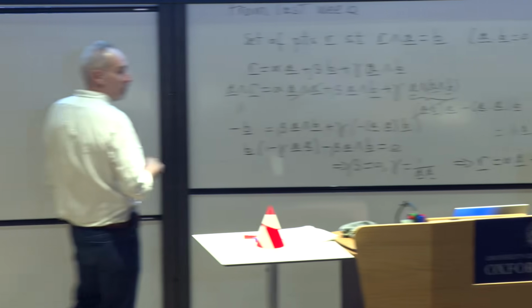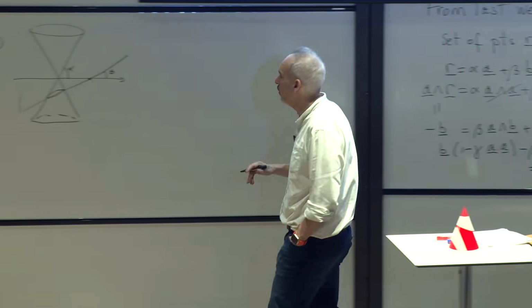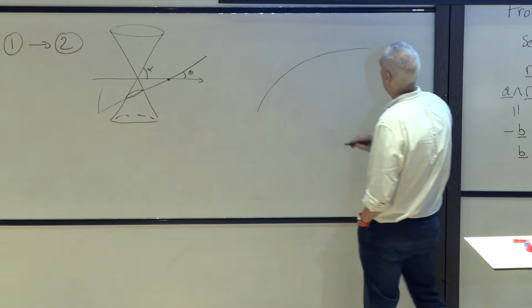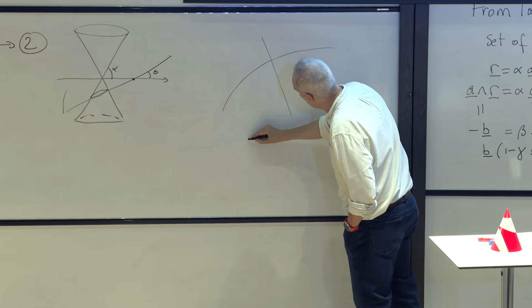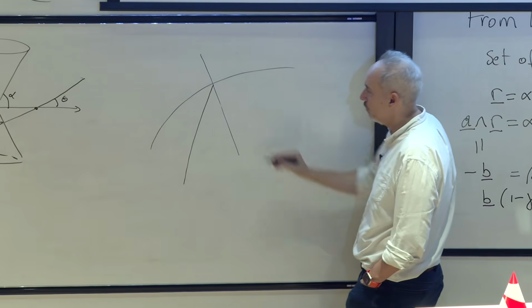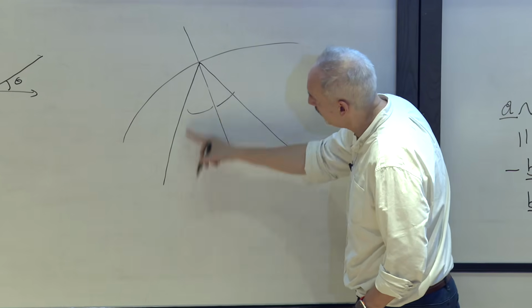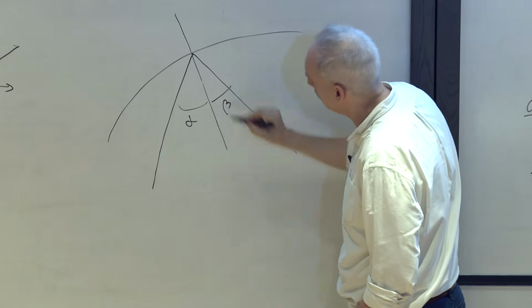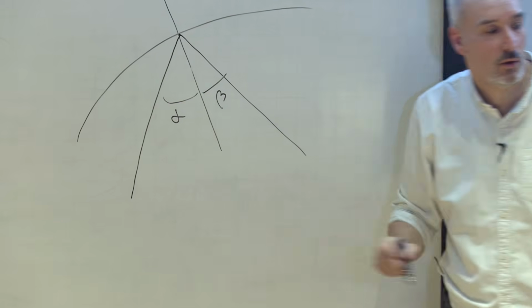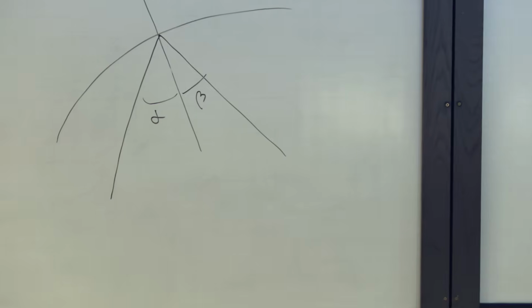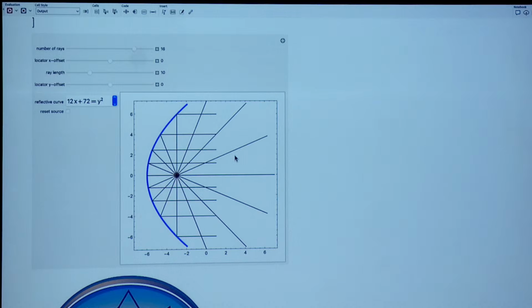If you think in terms of light rays, Snell's law tells you that the angle of incidence equals the angle of reflection. So if you have a curve and you look at the normal and the light ray that comes to this point, if this curve was a mirror, the angle of incidence is this one and the angle of reflection is this one. And according to Snell's law, the two are the same. Incidence equals reflection.